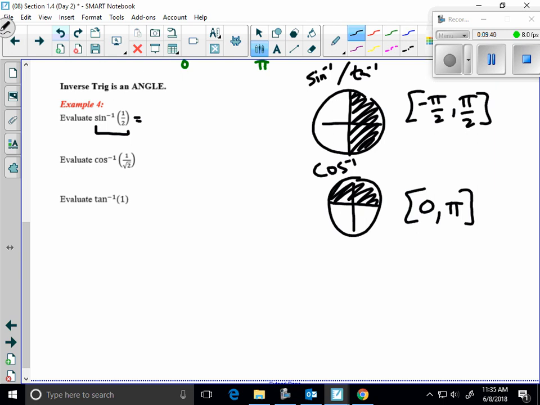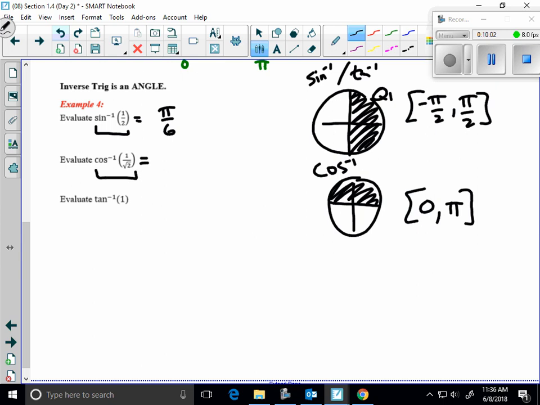Okay, so inverse sine of 1/2, that means I want a sine value that's positive. So that means it's got to be in quadrant 1 up here, right? And it's got a sine of 1/2. So sine of 1/2, that to me is just screaming pi over 6. Okay, inverse cosine of 1 over root 2. Anytime I see a 1 over root 2, I think some kind of pi over 4.